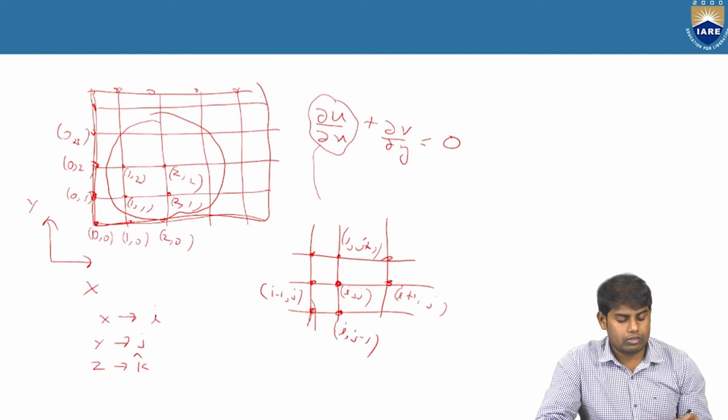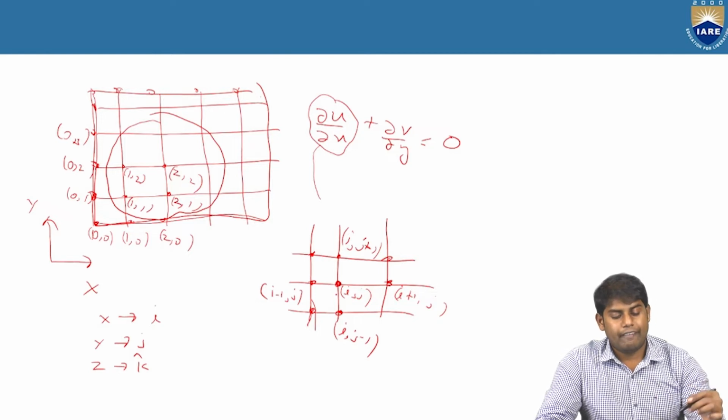So you have 4 neighboring points for this given grid point i comma j, one along the x-axis and one along the y-axis.